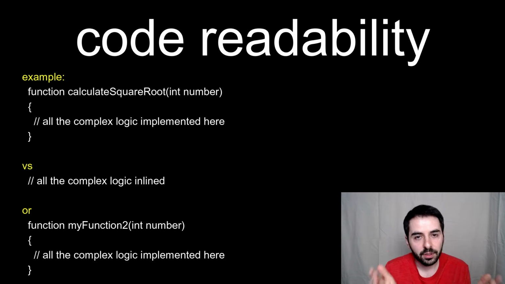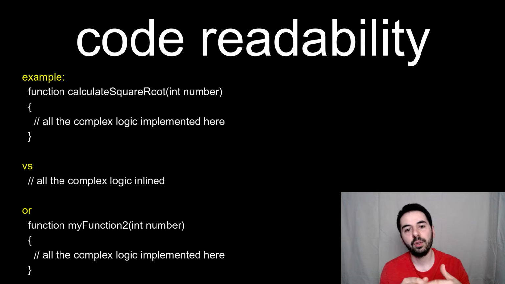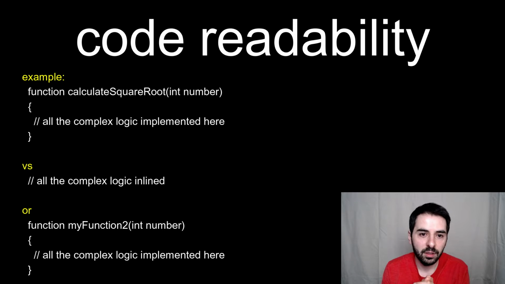So again, if we take the square root in this Arsen's method, if you just inline it, you have all the code. Someone reading that code who is not familiar with math, who is not good at math, might not understand exactly what this code does. But if you just name a function square root or calculate square root, then obviously it means, okay, this code is calculating square root. They don't have to know all the details how it does it.